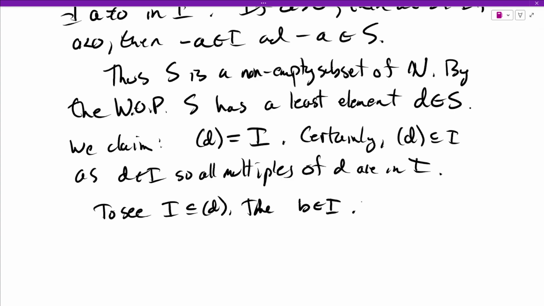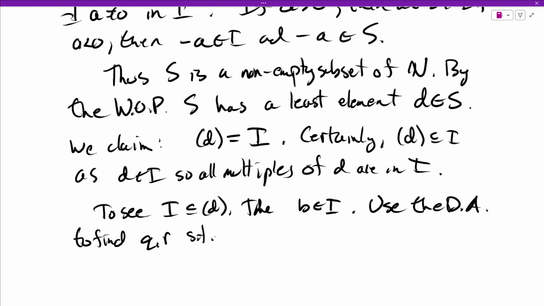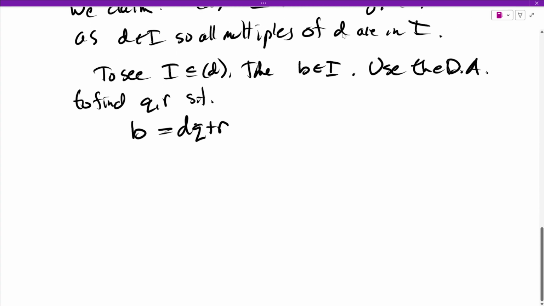Well, we approximate it as a multiple of D. That is, we're going to use the division algorithm to find q and r such that B is dq plus r, where 0 is less than or equal to r, which is less than D.